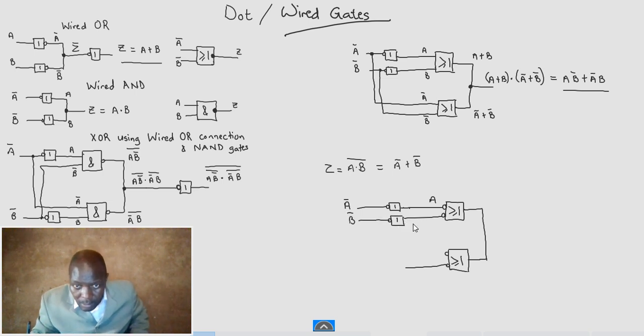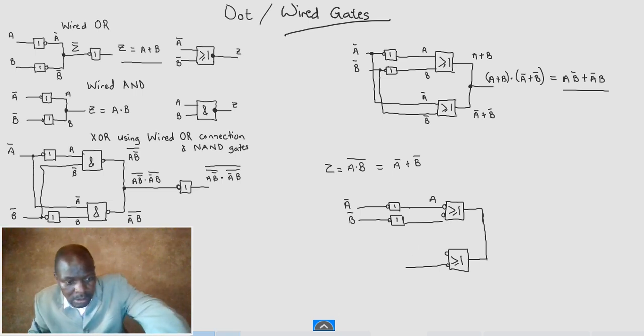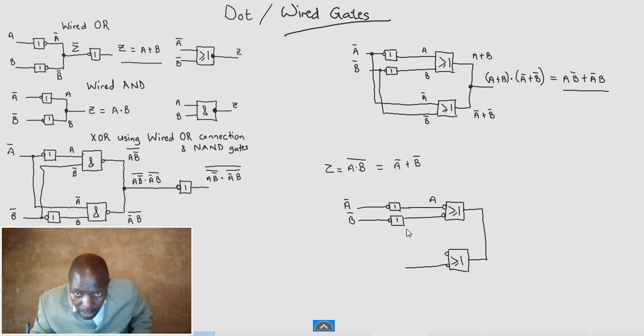Okay. If that's beautiful enough. This is A, B. Okay. This is my inverter. Let's say this is A, this is B. Forgot to take the pen. This is B.